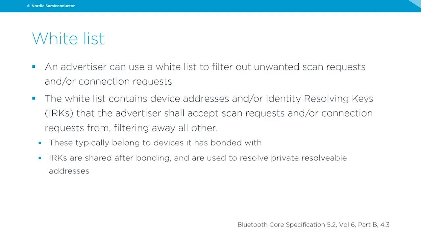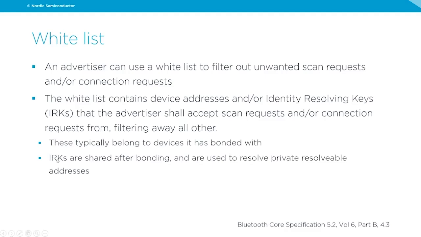This typically belongs to devices you're bonded with, because the IRK should only be shared when you are already bonded to the device. And the IRK is used to generate a random address, a private resolvable address. I'll give the example of contact tracing again. If you just keep advertising with the same address all the time, people with a scanner can detect where you are because your address doesn't change.